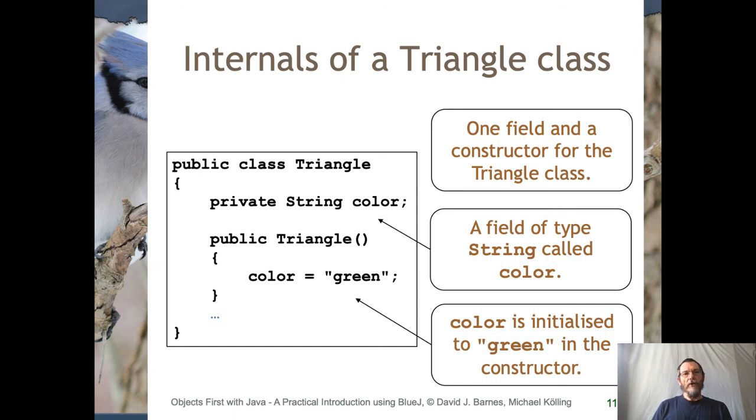And then the next member that you can see inside the class is a constructor. Now we know it's a constructor because it reuses the name of the class in its definition. So the class is called triangle, the constructor is called triangle. And it's important to note a couple of differences between the outer wrapper of the class, which says public class triangle, and the constructor's definition, where it says public triangle and then a pair of round brackets or parentheses.